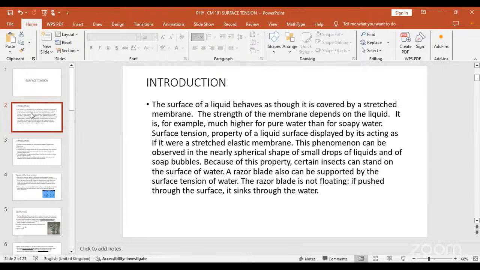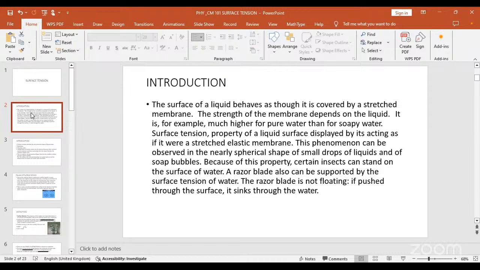Now, this phenomenon of surface tension makes a liquid behave in a spherical form.